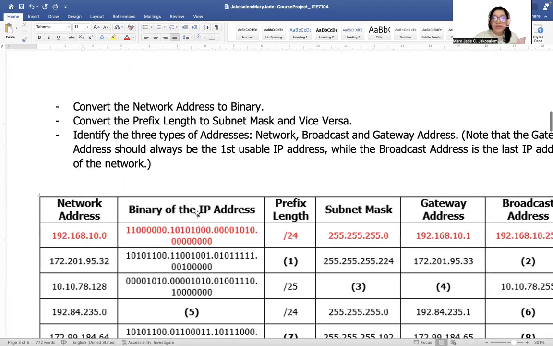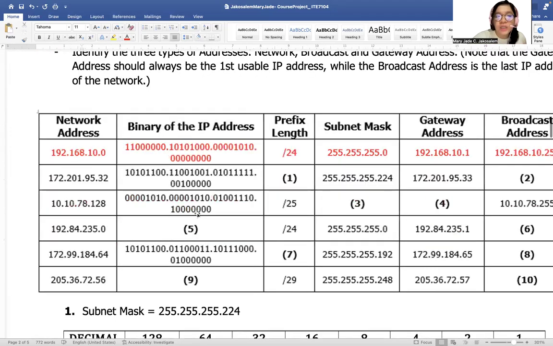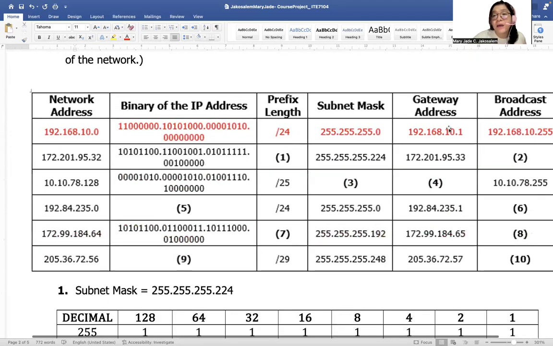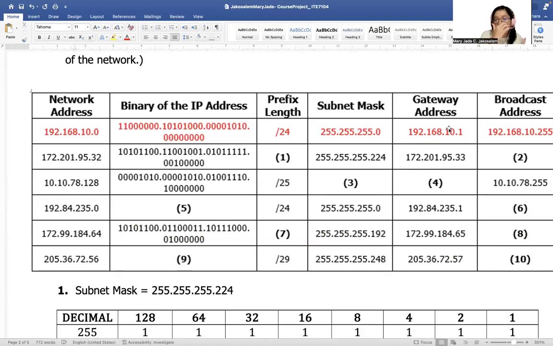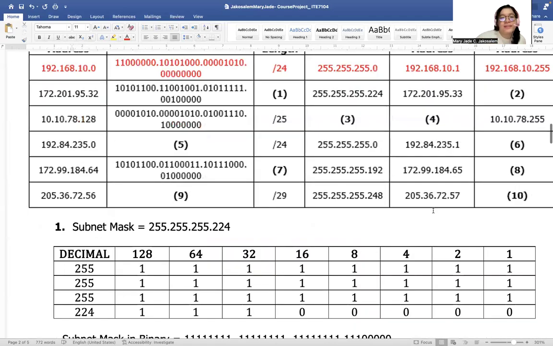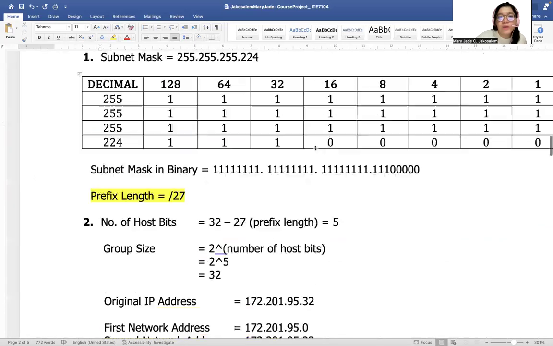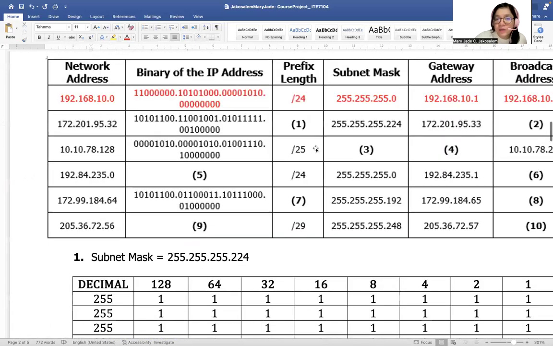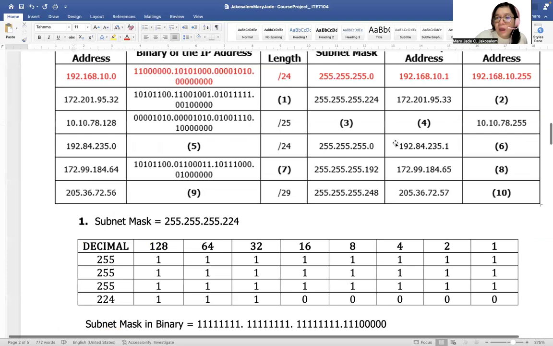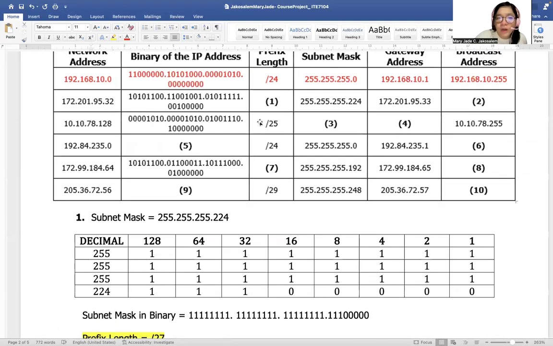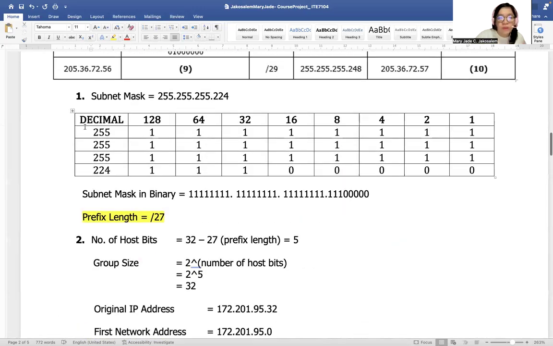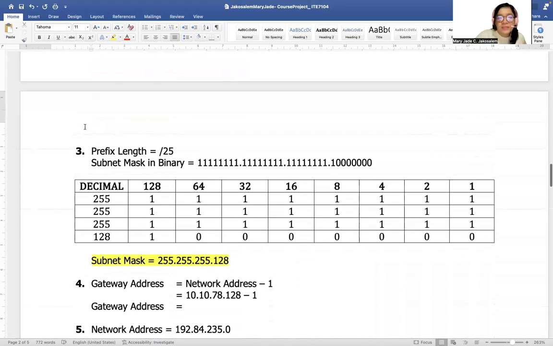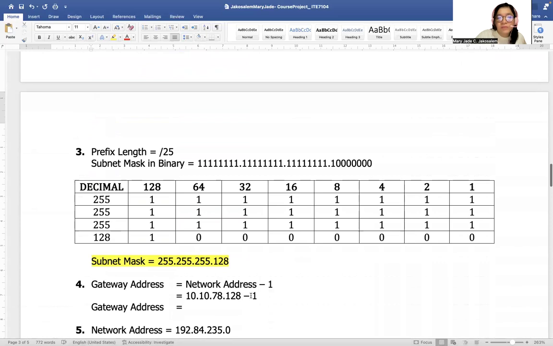Our gateway address is actually, we just have to add 1 to our network address. So for number 4, our network address is 10.10.78.128.